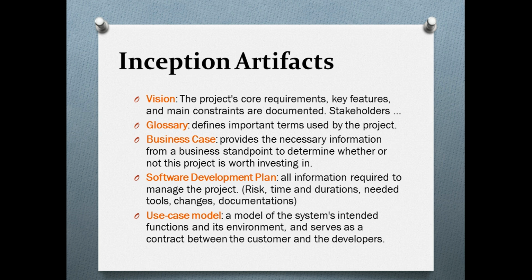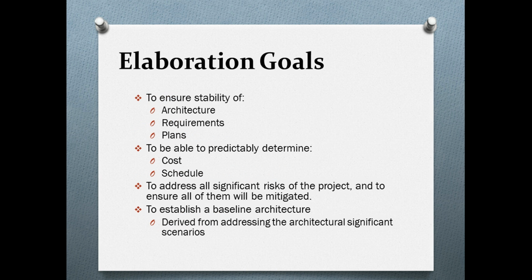There's a template for the business case, so we can write the whole business case there. A software development plan is there, and we do have templates for this. We can also fill up these templates, and the use case model. Whatever the use cases are, we also define them here. These are the artifacts of the inception phase, which take us to the next phase.